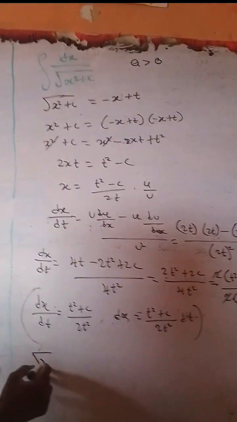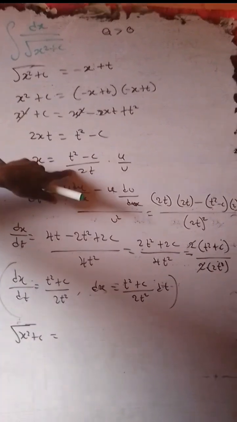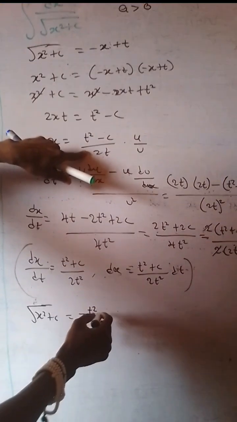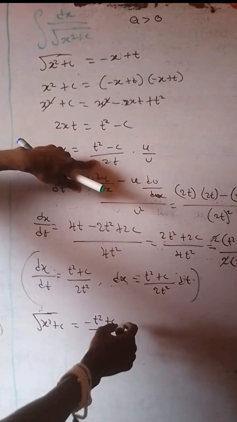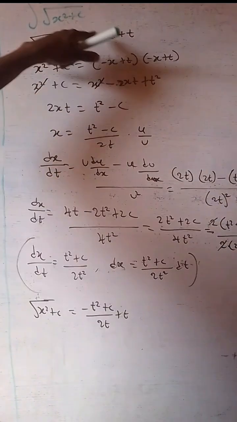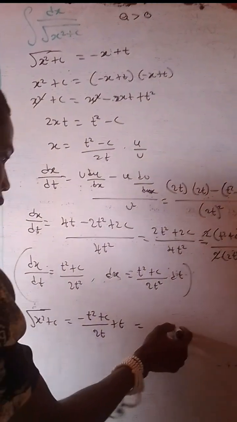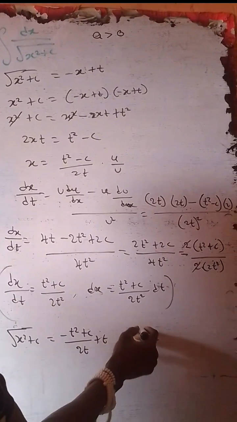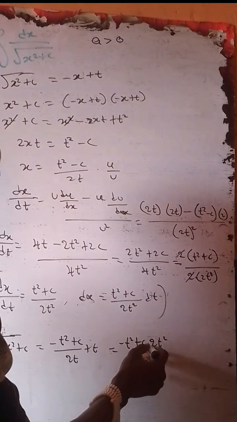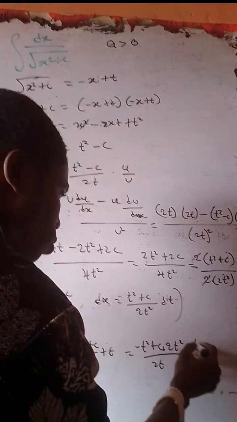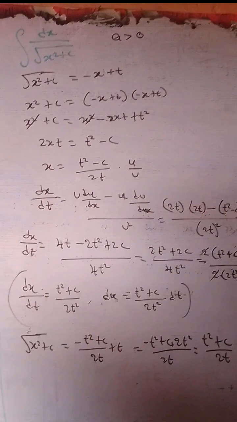Now we have root x squared plus c equal to minus x, and our x is what? t squared minus c over 2t, plus our t variable. So minus t squared minus c over 2t plus t, and your LCM will be 2t here. You have minus t squared plus c plus 2t squared, and this will be equal to t squared plus c over 2t. Are you getting what I'm saying?